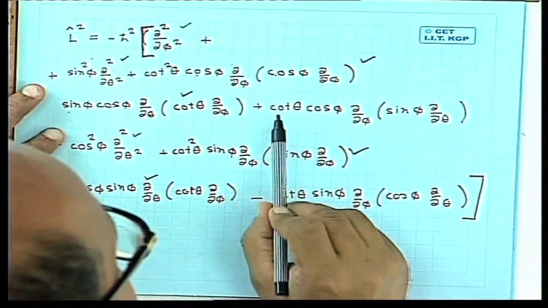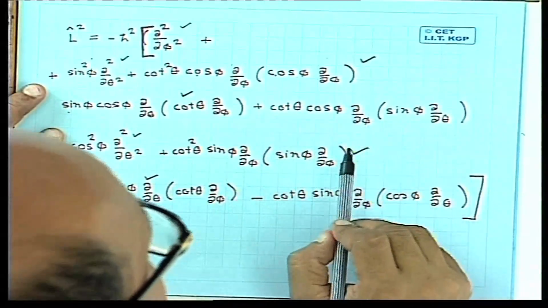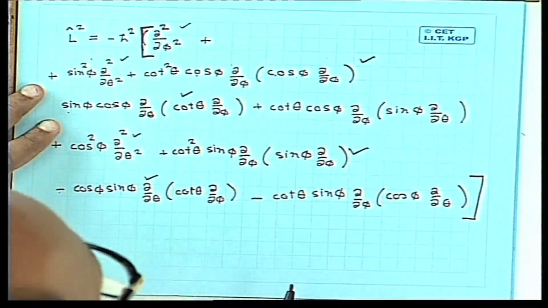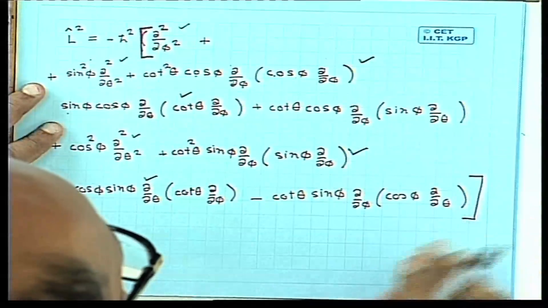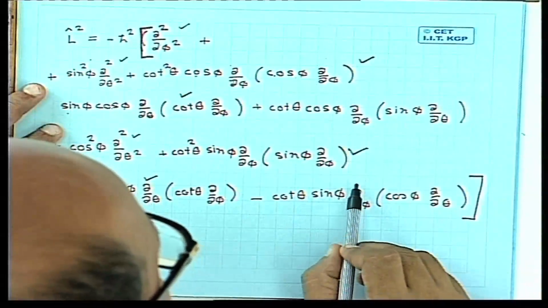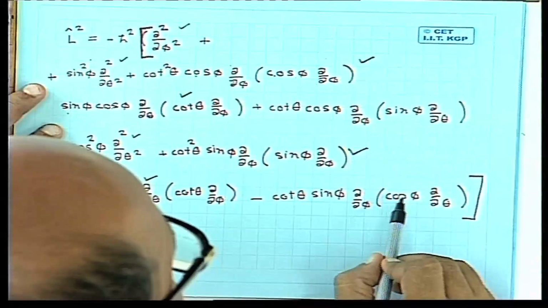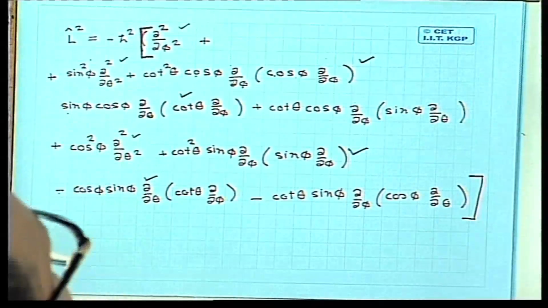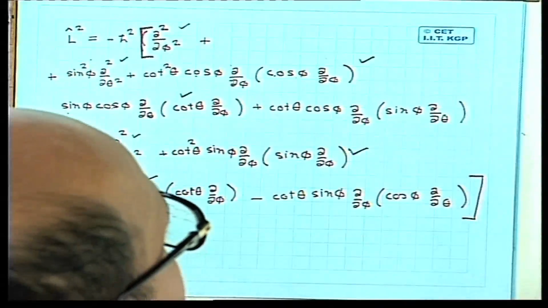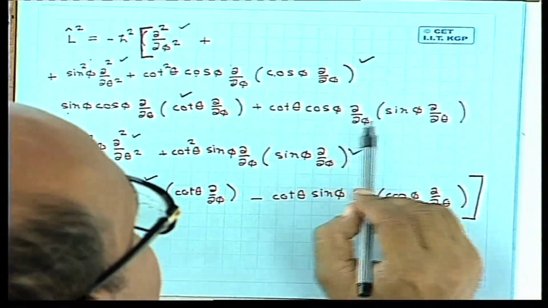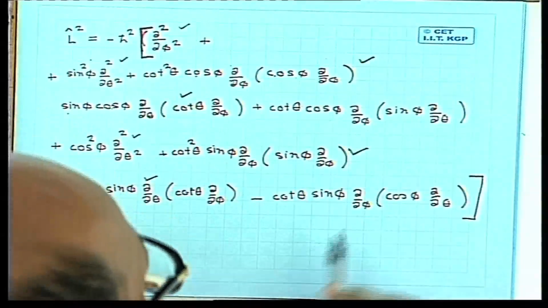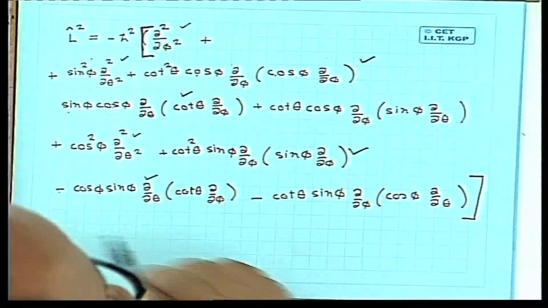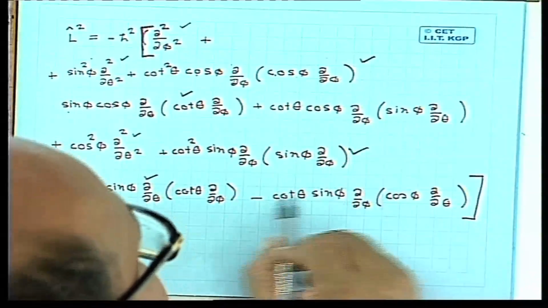So if I differentiate this, if del by del phi acts on sine phi over here and del by del phi acts on cos phi over here, what does it give us? Let us see that. When del by del phi acts on sine phi, it gives us cos phi. When del by del phi acts on cos phi, it gives us minus sine phi.